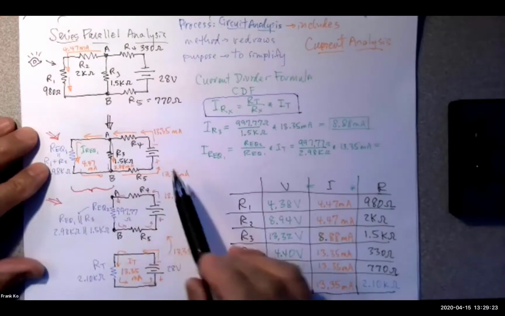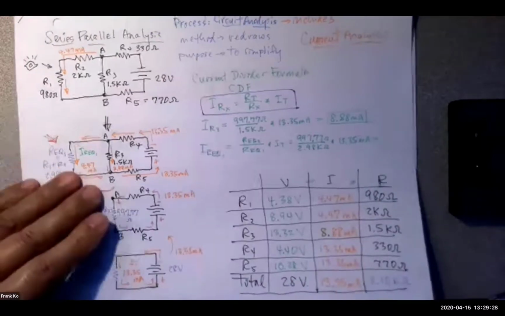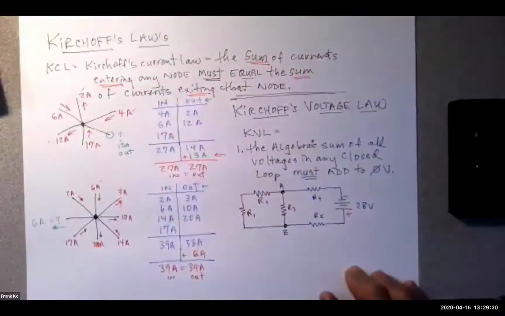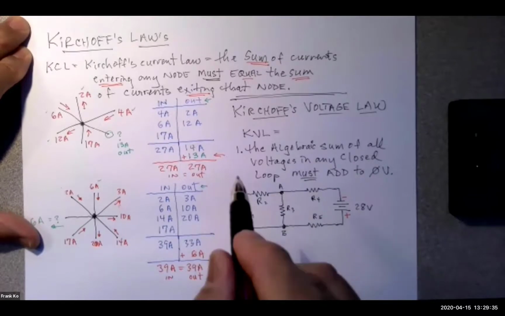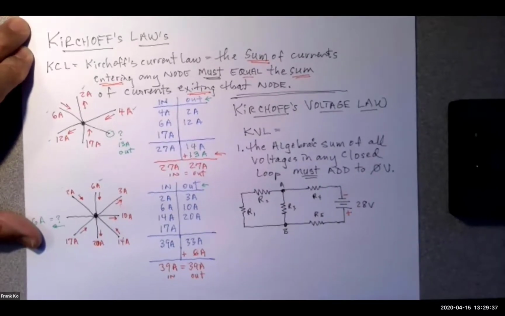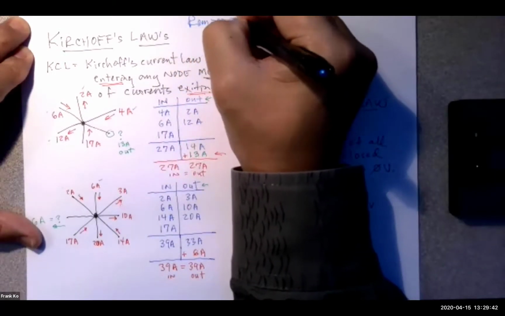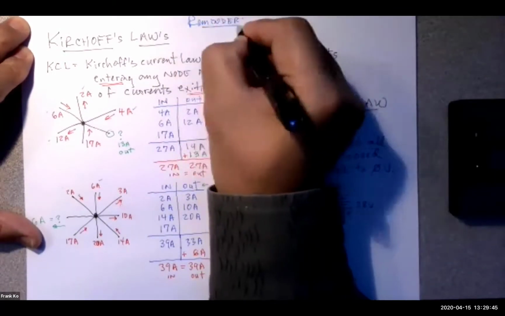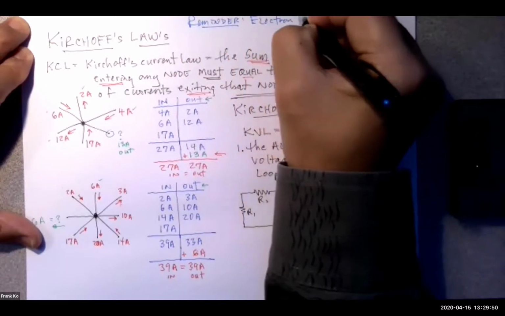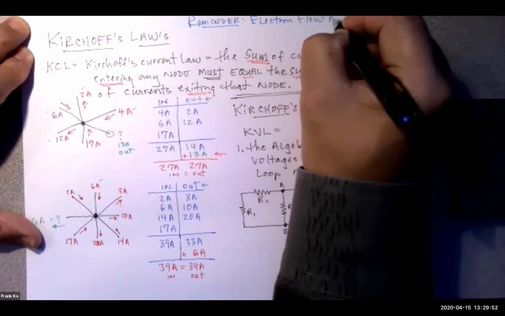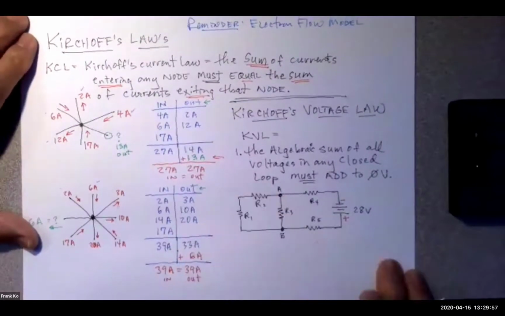Now, this is described as electron current flow. So perhaps what will be helpful to us here is if we reiterate electron current flow. Just as a reminder, this is the electron flow model, because there happen to be 2 different models of current.